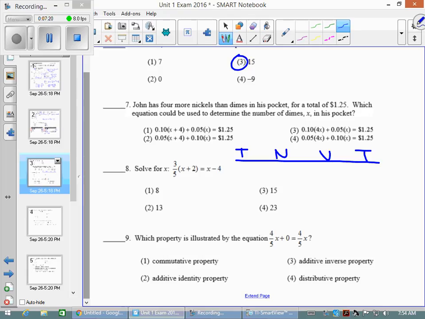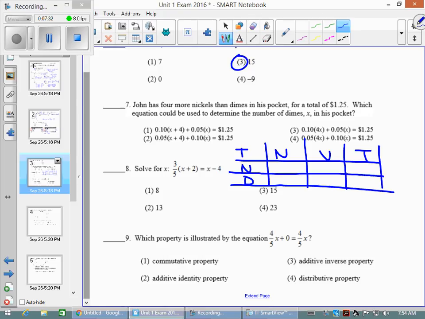We have nickels and dimes. So I'm going to give myself nickels and dimes. Okay, if I look at the number, it says he has 4 more nickels than he has dimes. So dimes would be my x, nickels would be my x plus 4. The values would be 5 cents for a nickel, 10 cents for dimes.